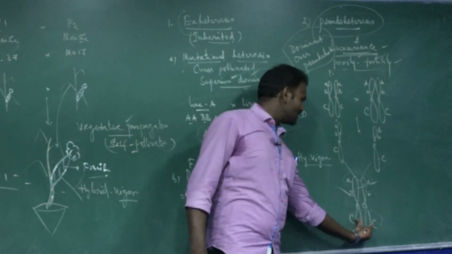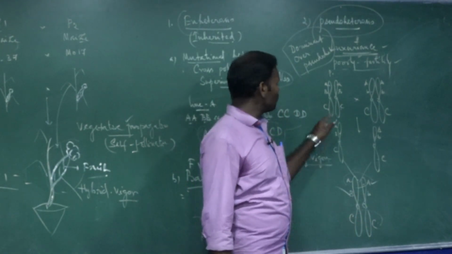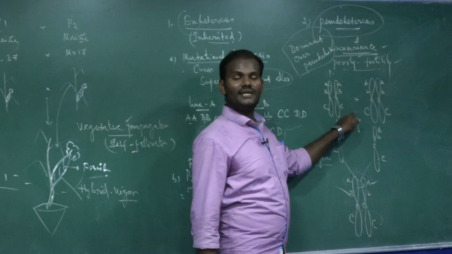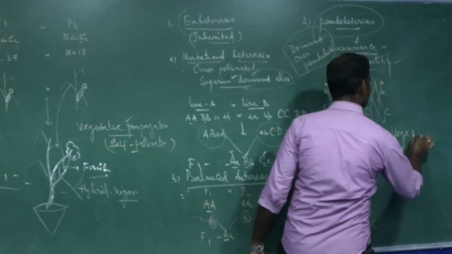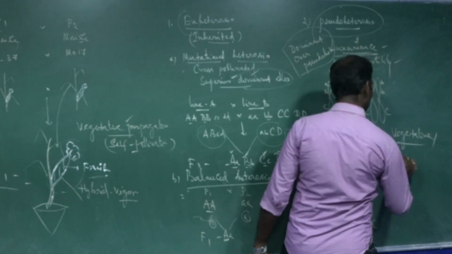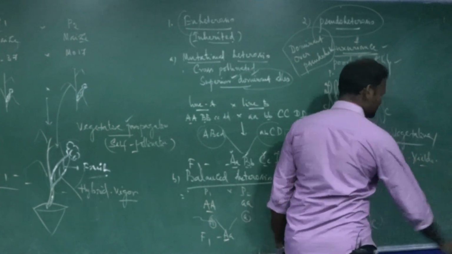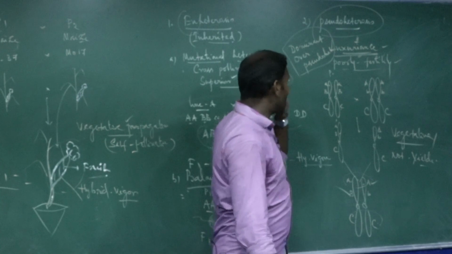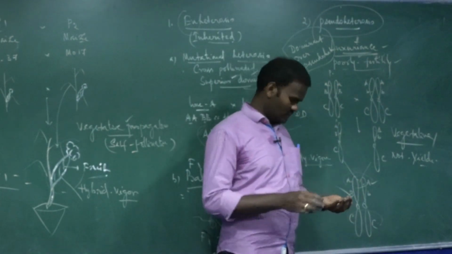Due to the presence of more dominant alleles, they are superior to the parent only for vegetative characters, not in yield. So these are poorly fertile hybrids. These are pseudoheterosis. Thank you.